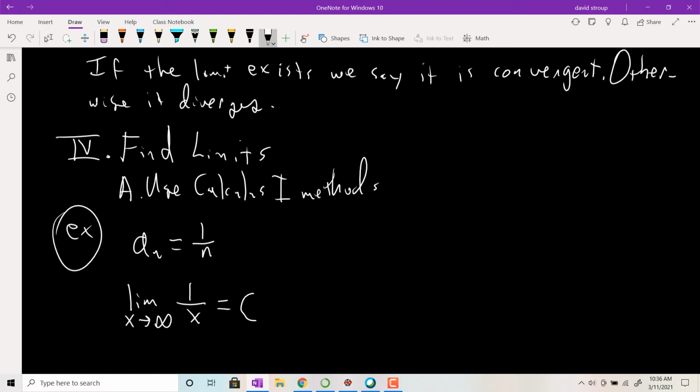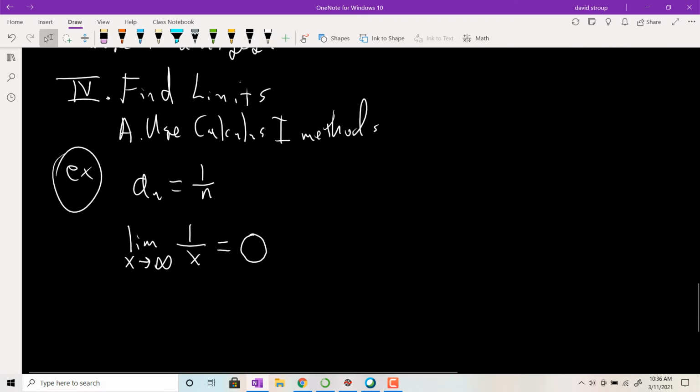It's going to get really, really close to 0, so it goes to 0. So back in Calc 1 we would have that goes to 0, and it forces this thing to also go to 0. Hence, the limit as n goes to infinity of 1 over n will equal 0.